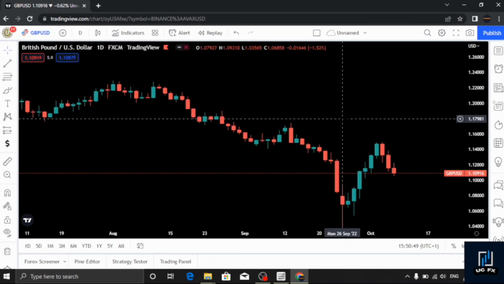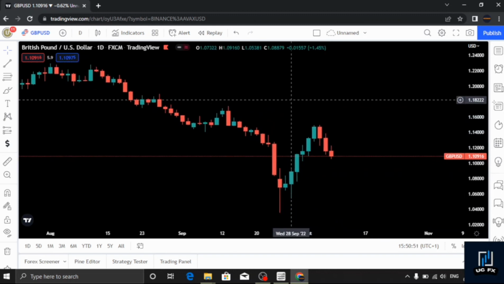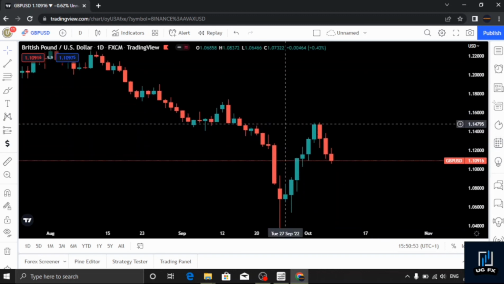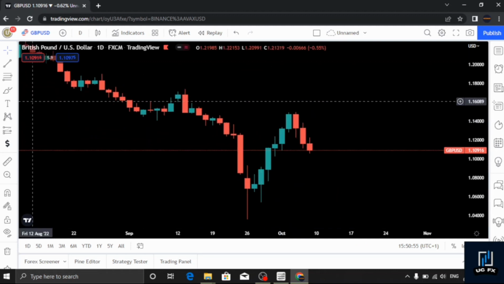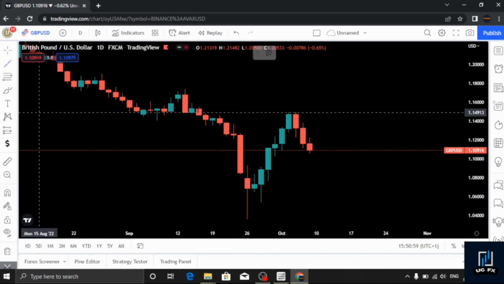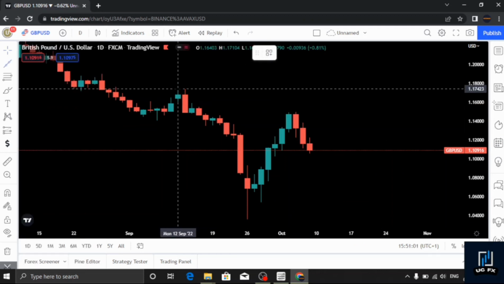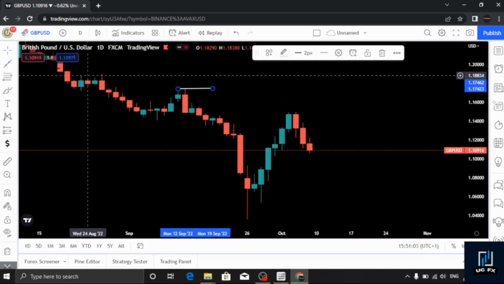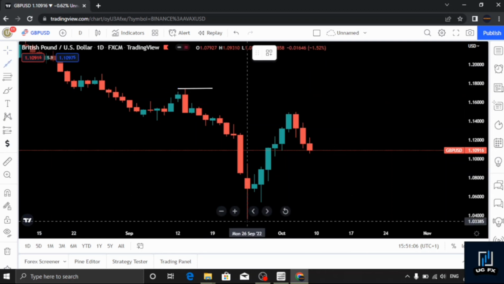This is the recent price action we have. This is the daily chart, and this is the recent range that we have from this point to this point.